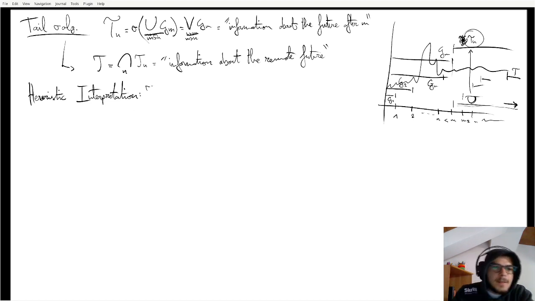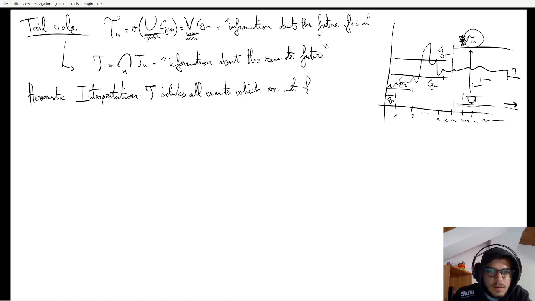The tail sigma algebra T includes all events which are not affected by what happens in finite times.